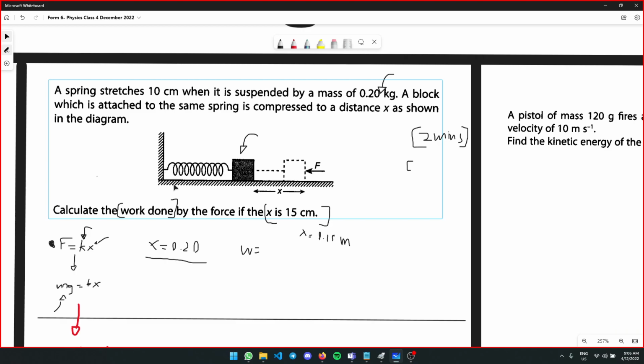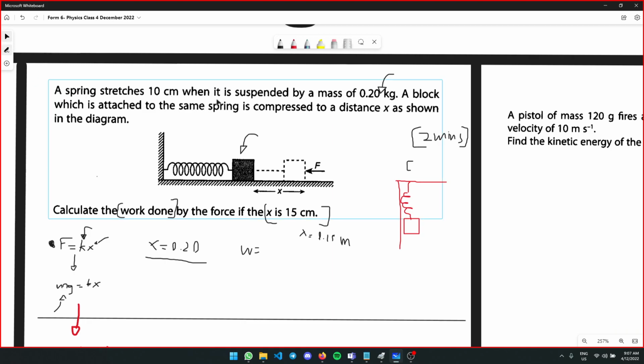Looking at the drawing like this, you might not notice, but when it says it's suspended by a mass of 0.2, what it means is actually it's at this point. That's why I also give you the clue that mg, and there's a mass, is bound to be weight.